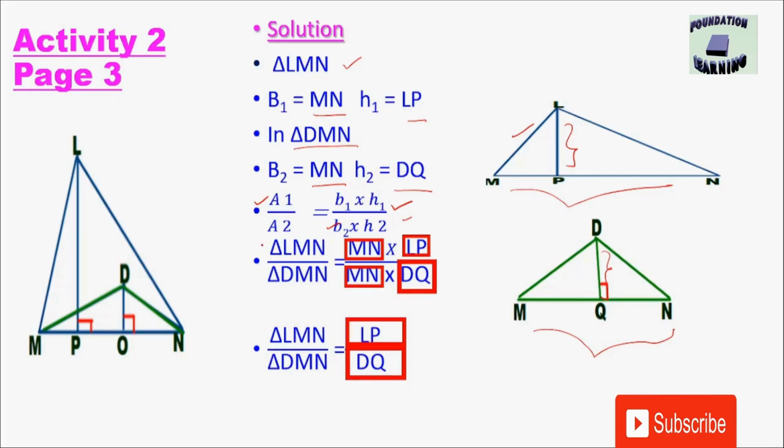So area of triangle LMN upon area of triangle DMN equals MN upon MN into LP upon DQ. Then MN gets cancelled. So the final answer is area of triangle LMN upon area of triangle DMN is equal to LP upon DQ.